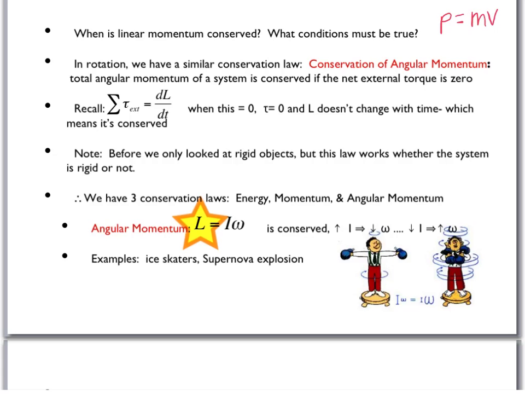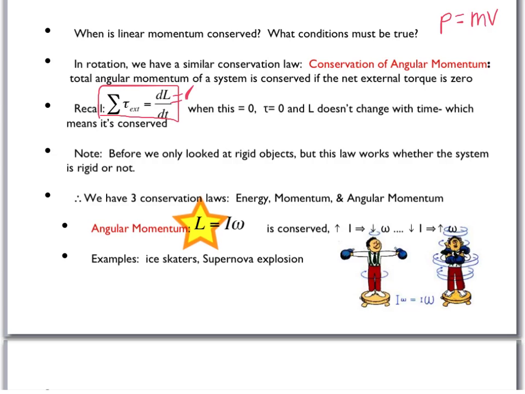So the total angular momentum of a system will also be conserved if the net external torque is equal to 0. Just like we couldn't have a net outside force to conserve our momentum, we can't have an external torque in order to conserve angular momentum. Remember, we said that the sum of the external torques could be set equal to dL/dt.